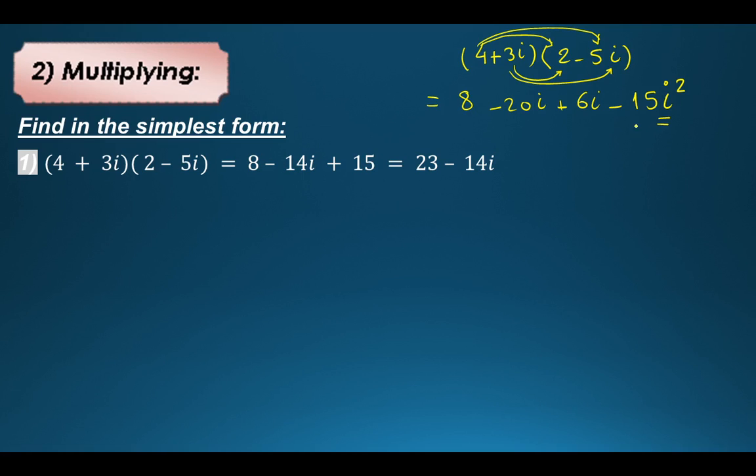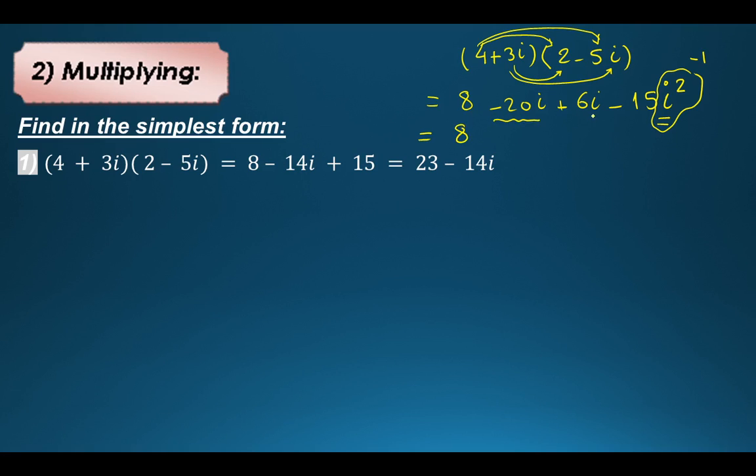Here, negative 15 multiplied by i power of 2, we are going to replace i power of 2 by negative 1. So it will be negative 15 multiplied by negative 1, which is equal to 15. Now here 8 will be left over.